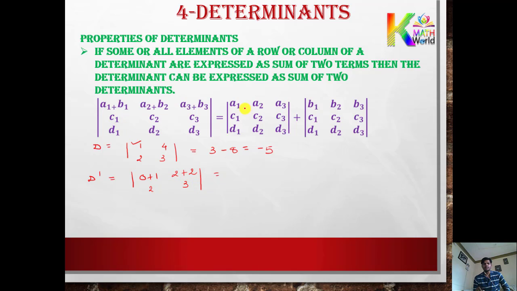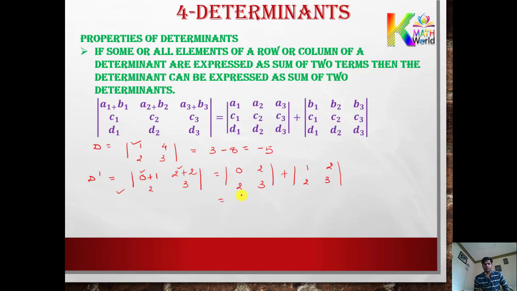Then using this property, since a sum is there in each element of the first row, you can express it as a sum of two determinants by keeping the second row fixed. The first determinant is 0 2 2 3, plus the second determinant 1 2 2 3.